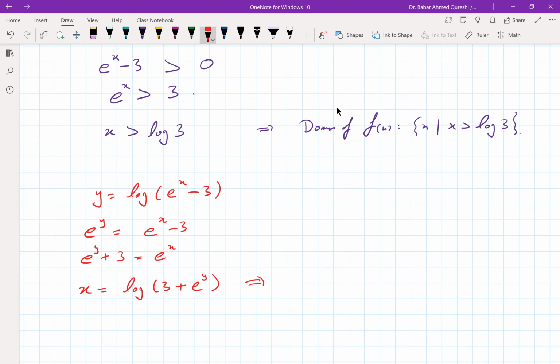That means the inverse function is log of 3 plus e^y.